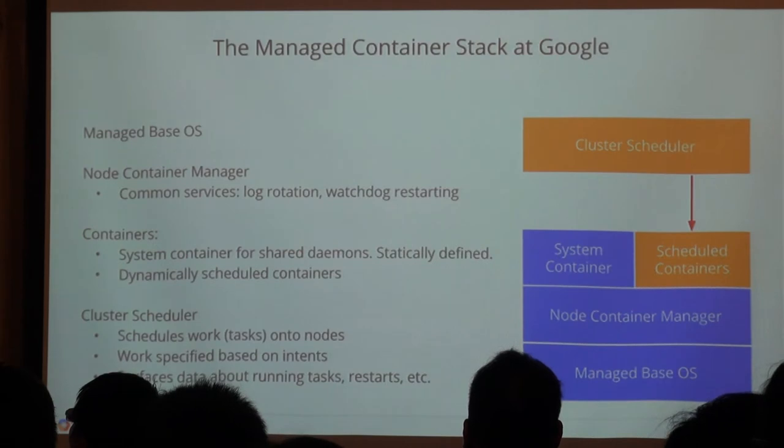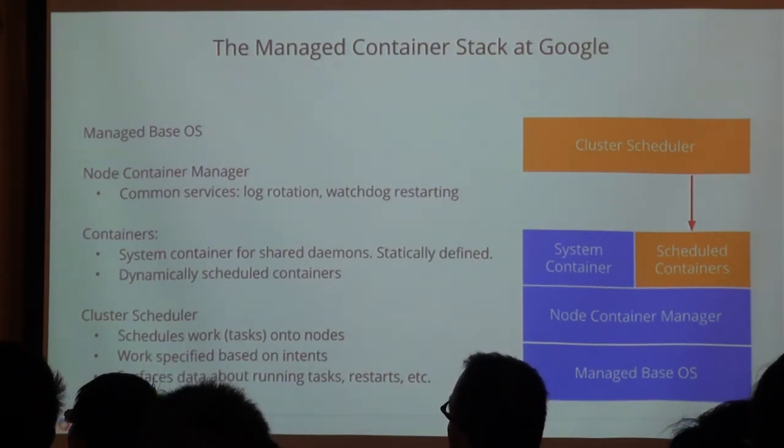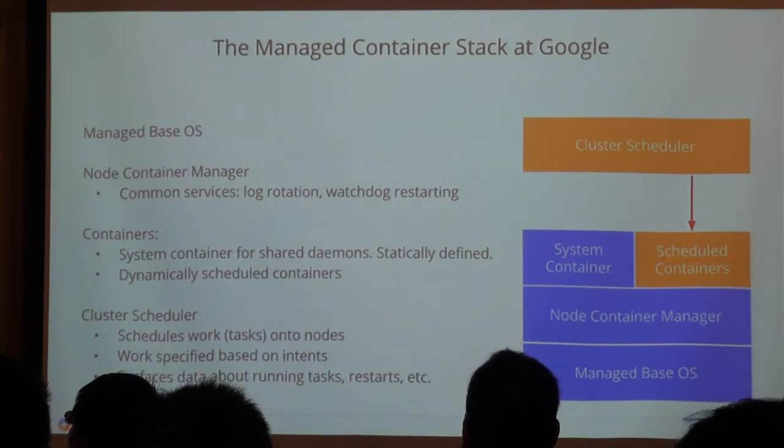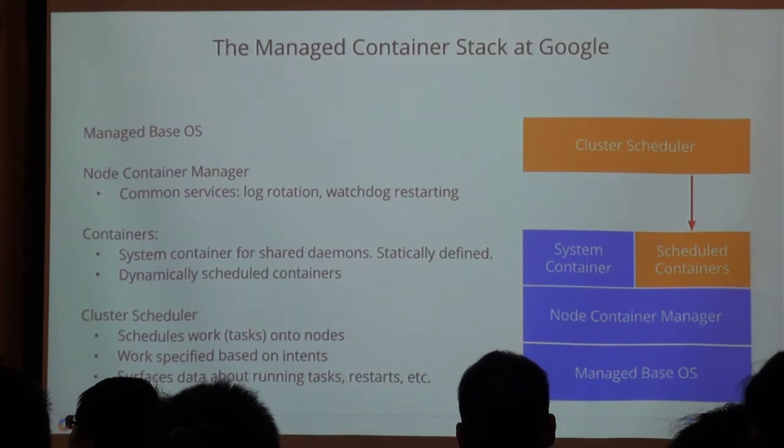But we also do stuff beyond just that. We also have a cluster scheduler, which is aware of all of the resources that are available, and can go ahead and schedule that container in a particular location where resources are available and so on.